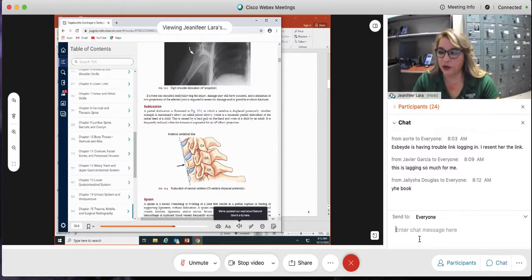In this particular example, it's talking about the vertebrae being posteriorly displaced. Can we have a subluxation of any part of the appendicular skeleton? Yes. The answer is yes. Don't just assume that because you're seeing this diagram we'll only see it in the vertebrae. We won't. Any questions there?